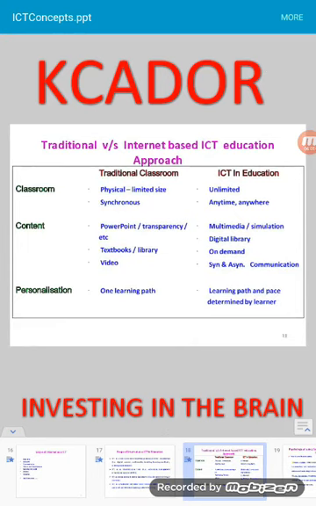Traditional versus internet-based ICT education approach. It is very important to look at three things here: one is the classroom, number two, content, and number three, personalization. When we look at the first one, classroom, the difference is that it has a physical, limited size.